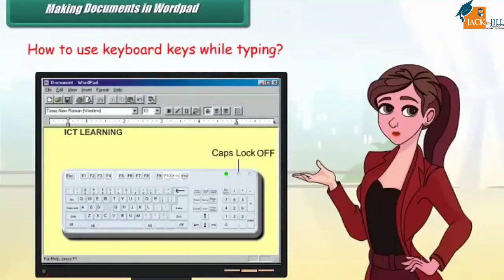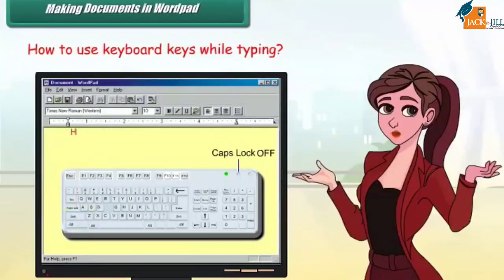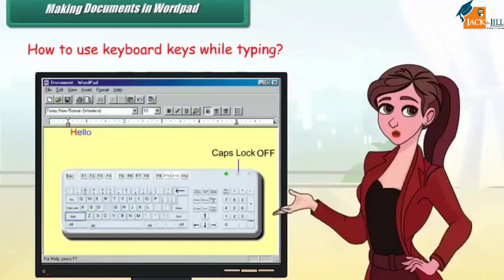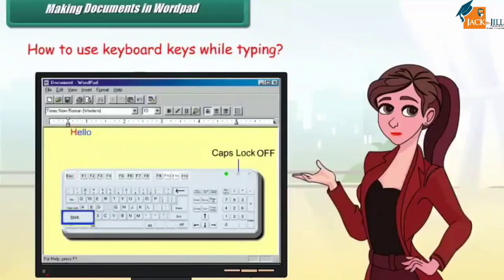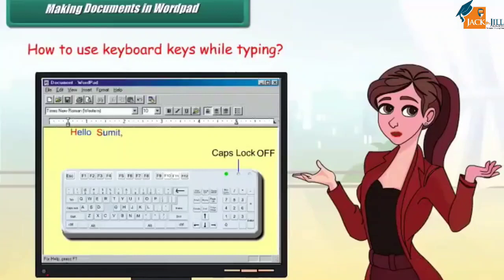If the text to be typed is a mix of capital and small letters, put the caps lock off but hold the Shift key and type wherever you need to type in capitals. See the example for understanding it better.